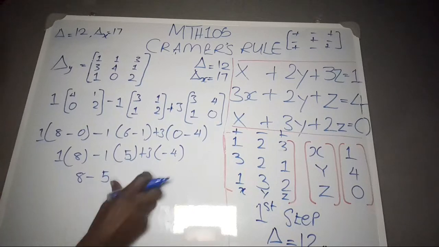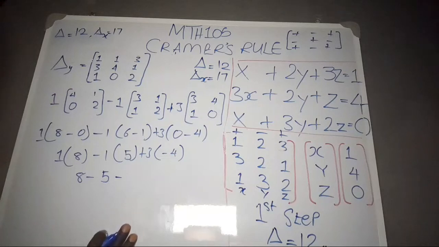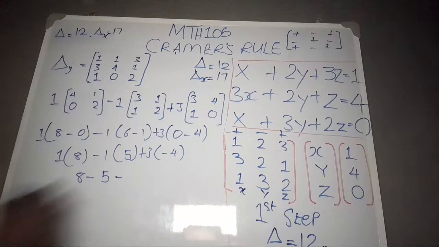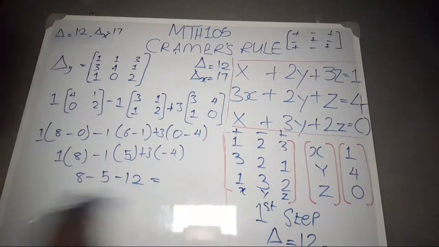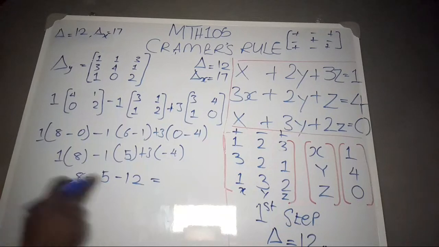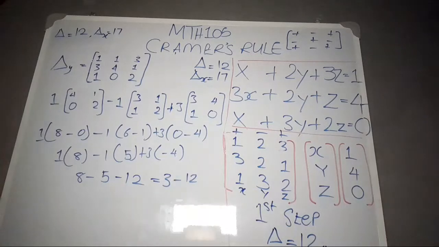So we are going to remove my plus sign. It's going to be minus. Then we have 3 multiplied by 4, that should give us 12. Then we say this is positive 8, this is minus 5. Positive 8, negative 5, so this is already 3 minus 12.